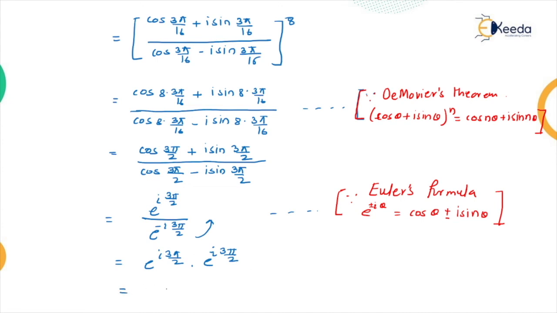After simplification, the base is the same, so i into 3 pi divided by 2 plus i into 3 pi divided by 2. Base is the same, so we add the indices.